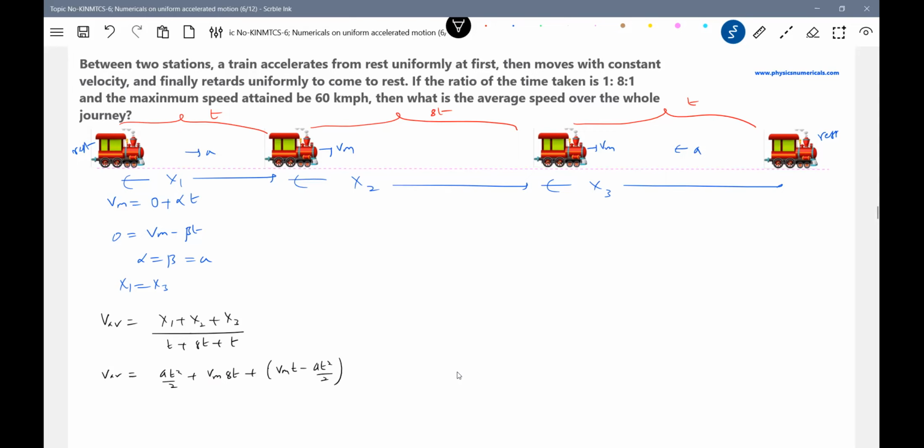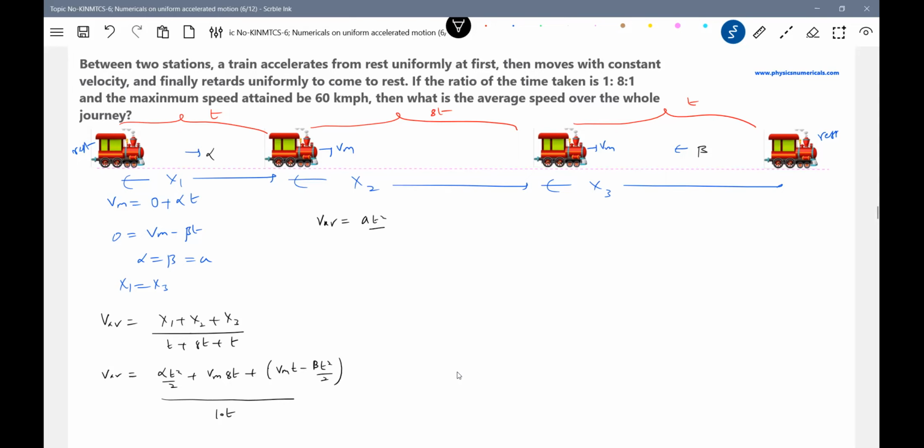I think I'll write these symbols. Some of you are getting confused. We know alpha equals beta. Can we also write Vm equal to alpha t? And alpha equals beta equals a, I'm writing.